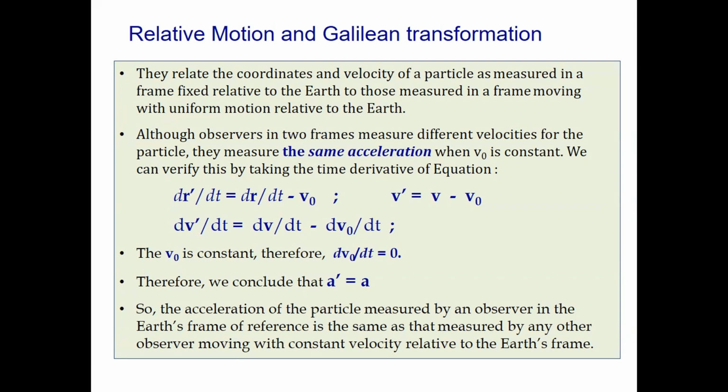We can verify this by taking the time derivative of the equation. dr dash by dt is equal to dr by dt minus V naught. V dash is the velocity, dr dash over dt, and dr over dt is simply V. Therefore, V dash is equal to V minus V naught.